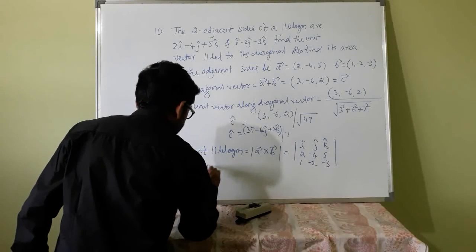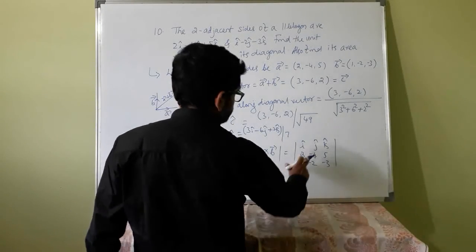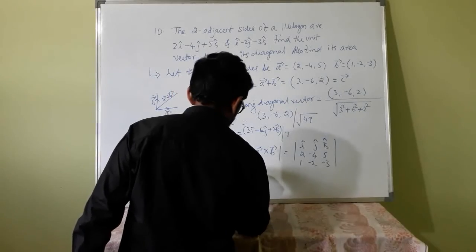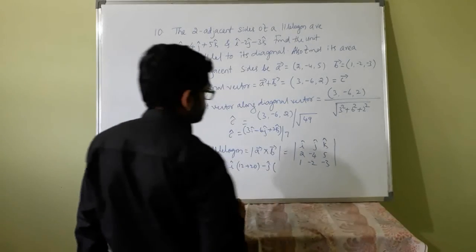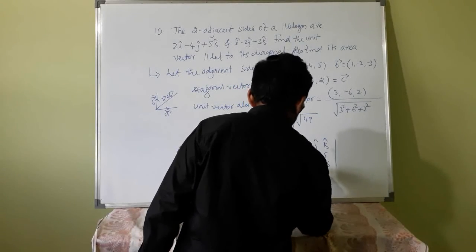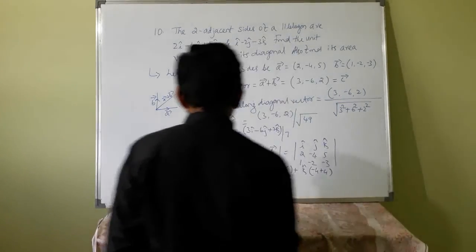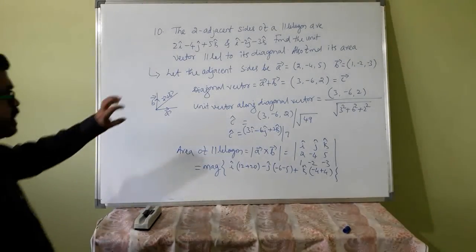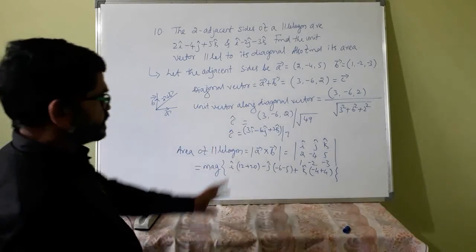This is equal to magnitude of i into 12 plus 10, okay, minus j into minus 6 minus 5, plus k into minus 4 plus 4, or here actually this vector is 22i minus, that will become plus 11j.